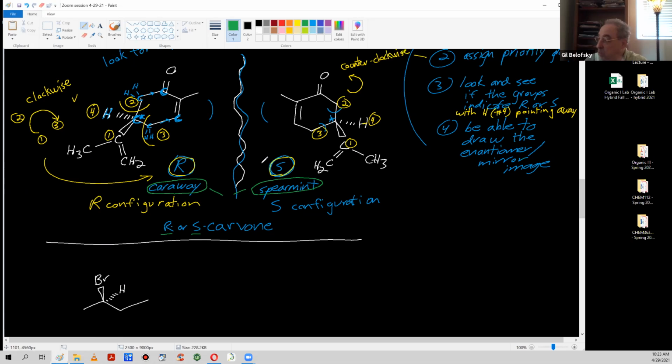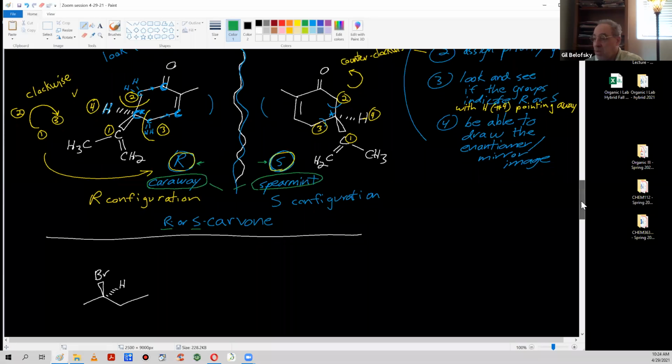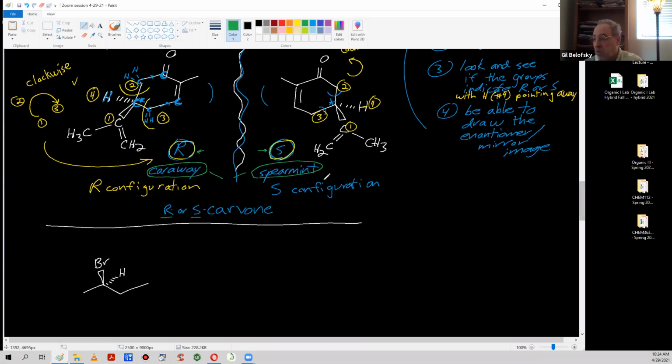So this was an enormous thing to learn, that you can't just give both. They're not the same. Some drugs, only one form is active and the other form could even be toxic or deadly. So, hugely important topic.